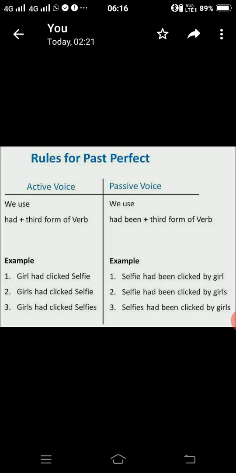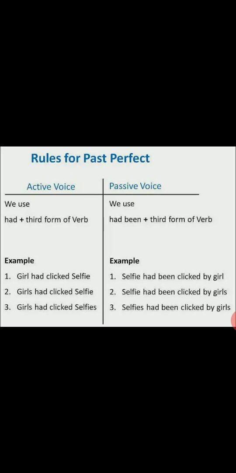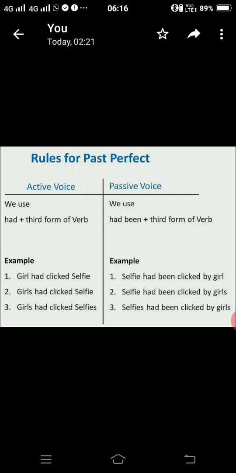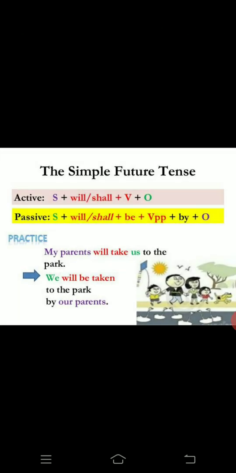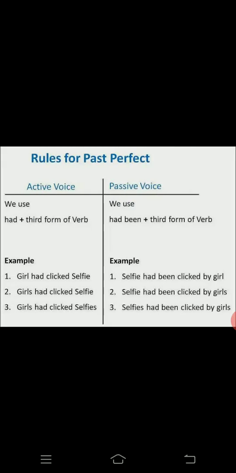Means to say whether the subject is singular or plural, had only is there in active sentences, and in passive sentences, only been is added. Clear? Next tense is, students, simple future tense. But why? Because there is no active and passive voice of which tenses?